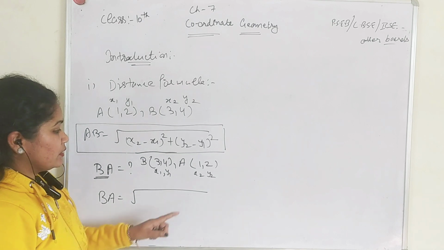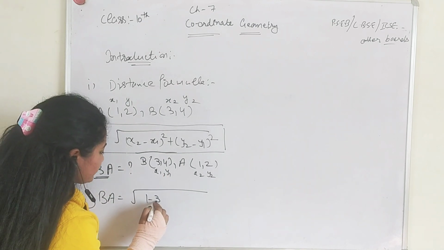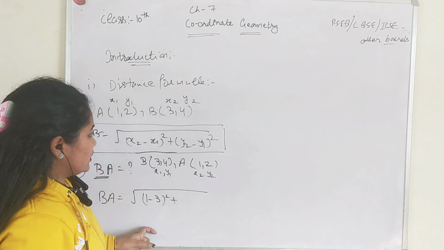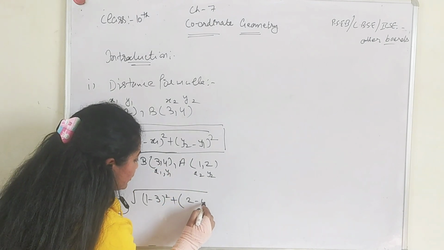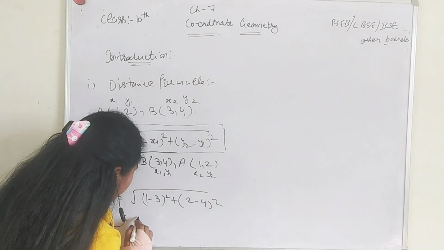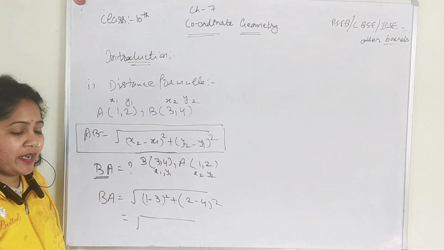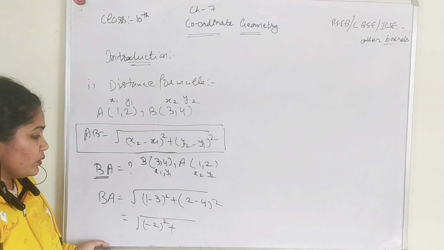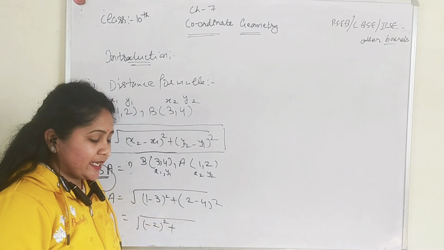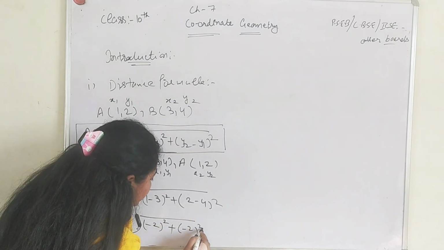x2 minus x1 means 1 minus 3 square plus y2 minus y1 means 2 minus 4 square. Here you can see that 1 minus 3 is equal to minus 2, because the larger number is negative. Now 2 minus 4 is also minus 2.